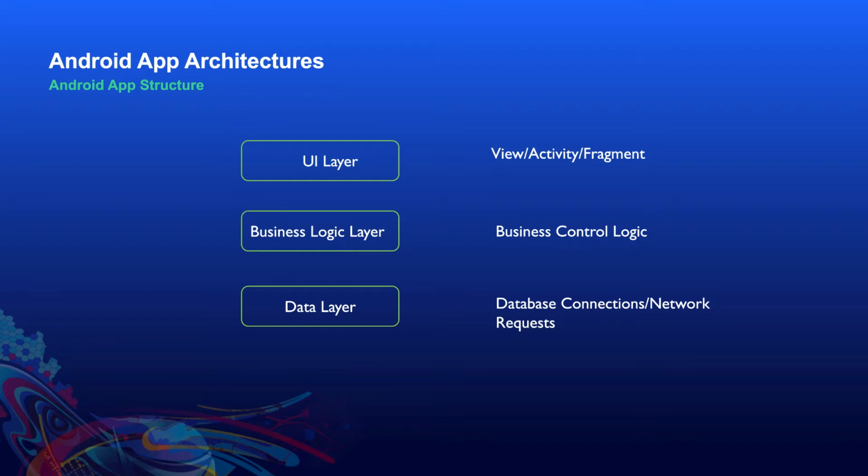And then you'll have a data layer which makes all the network requests or the database connections and streams the data to the UI layer. And then you will have the business layer which controls the data and the UI. This is very generic to any software application, need not necessarily be mobile or web. You will have these layers or components in your app.